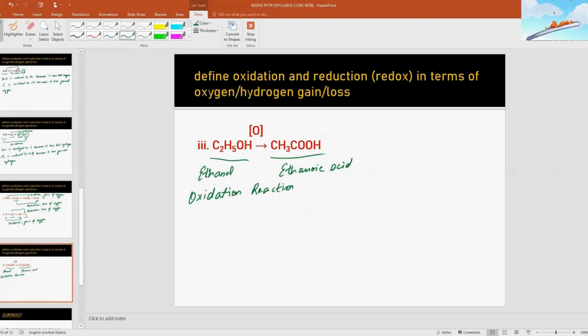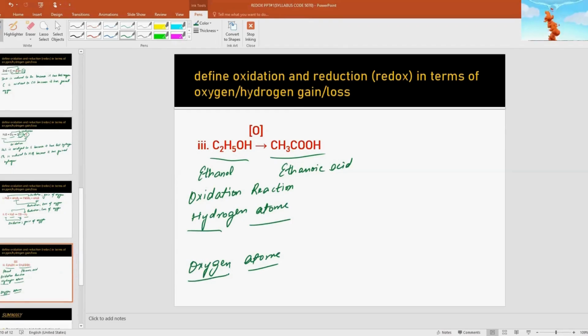We can count the number of oxygen and hydrogen atoms on both sides of the reaction. Let me write hydrogen atoms, oxygen atoms. On the reactant side, there is only one oxygen atom. Let me write one here. While on the product side, it is 2. And for hydrogen on the reactant side, there are 6 hydrogen atoms.